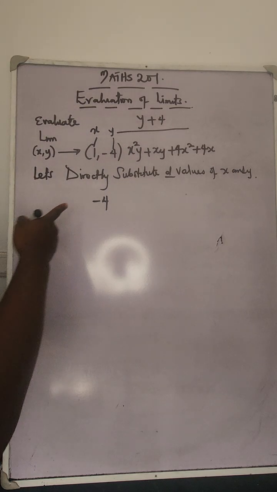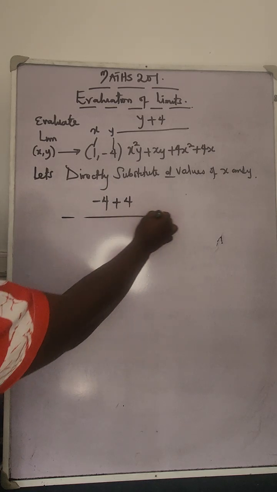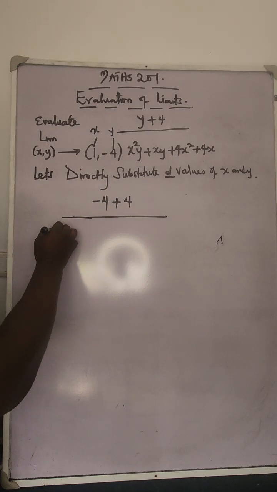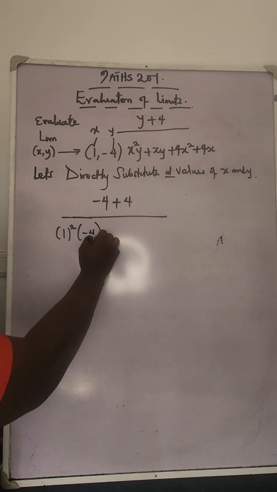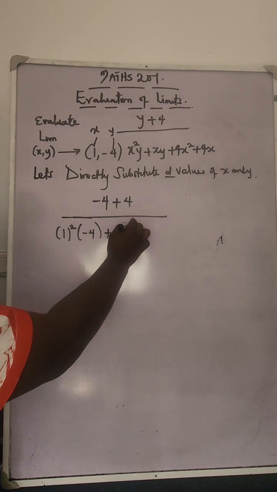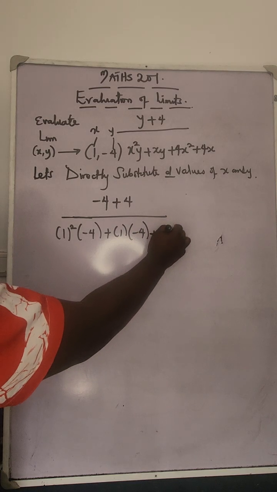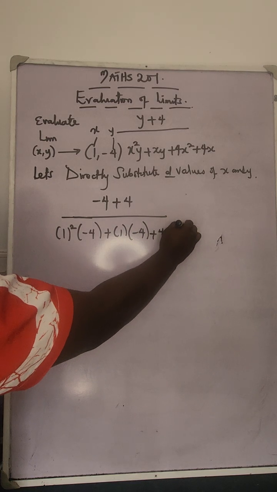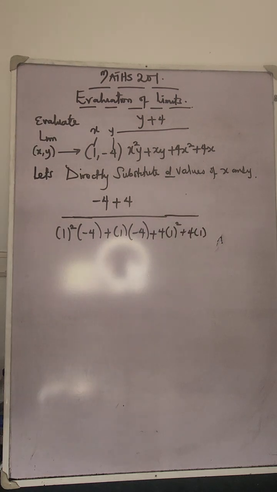So we have -4 + 4 over 1 squared times -4 + 1 times -4 + 4 times 1 squared + 4 times 1. Did you see that?